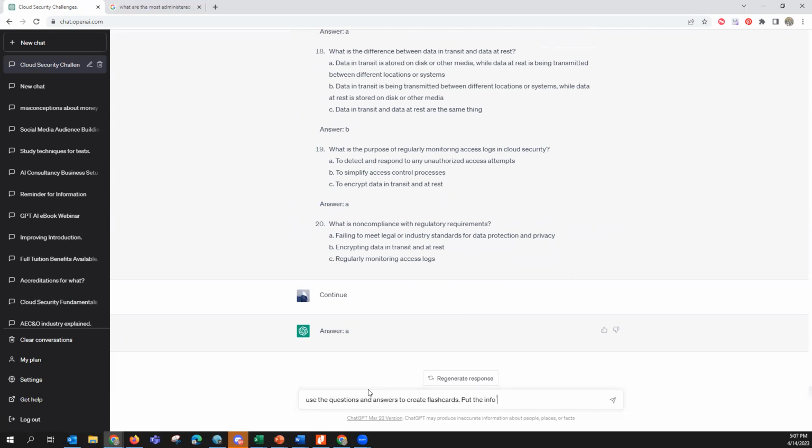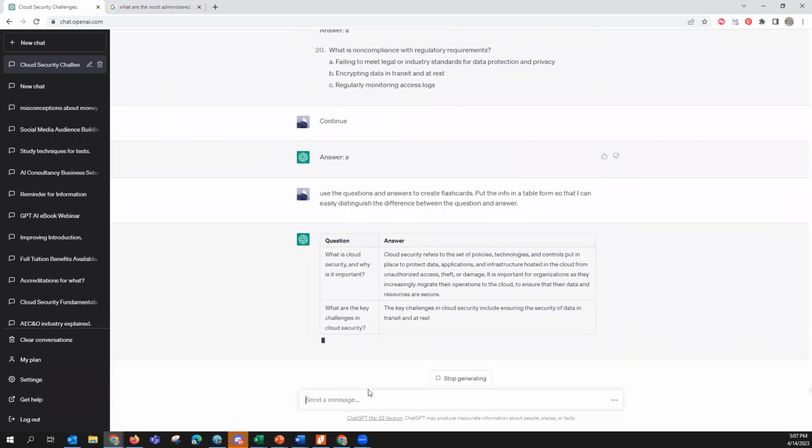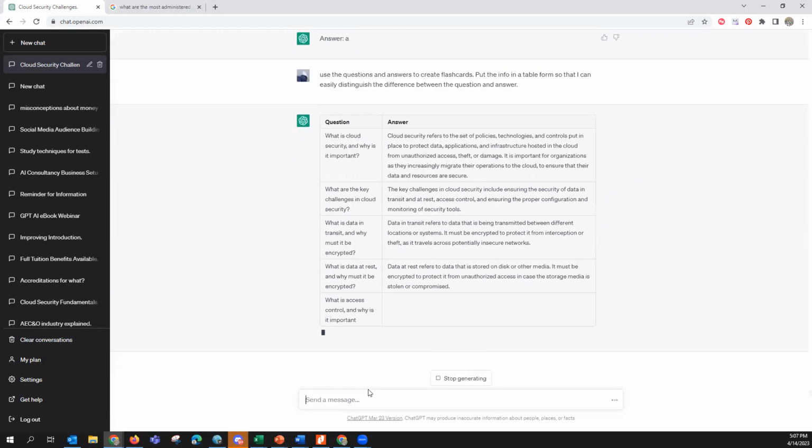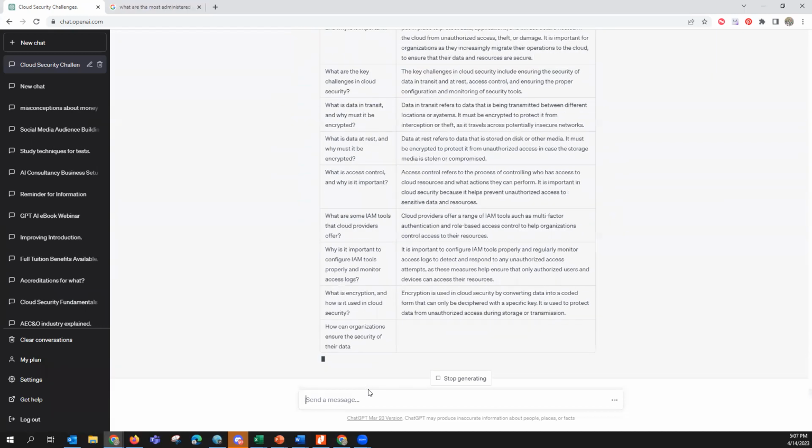Put the info in a table form so that I can easily distinguish the difference between the question and answer. You know what I'm saying?